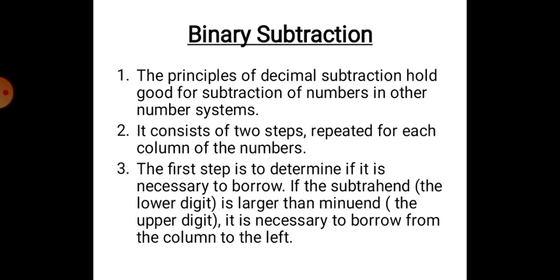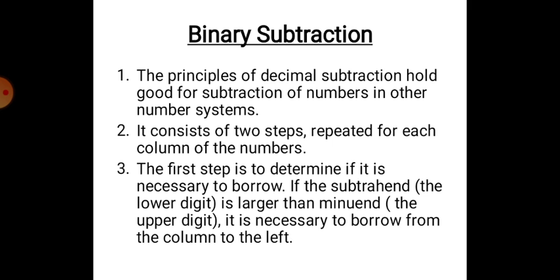Point number 3. The first step is to determine if it is necessary to borrow. If the subtrahend, the lower digit, is larger than the minuend, the upper digit, it is necessary to borrow from the column to the left. Students, when you are subtracting a larger number from a smaller number, you have to borrow.